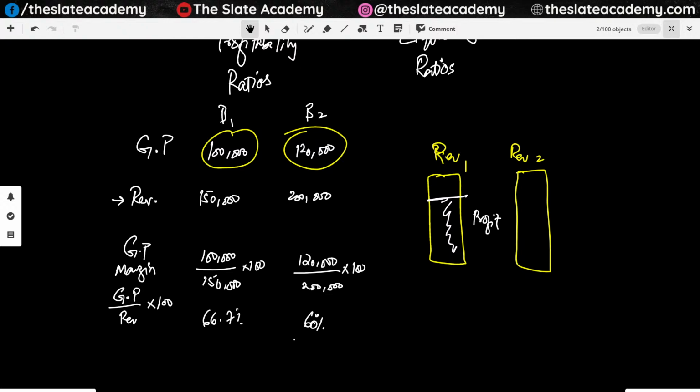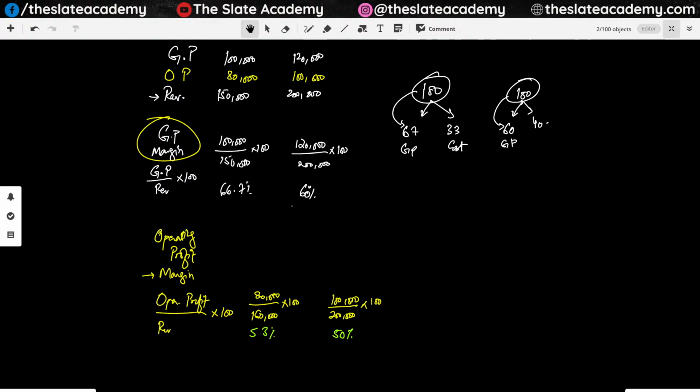Again, for these numbers there isn't a mandatory requirement of how much it should be. The benchmark that we have is, for example, last year. Everybody would like to do better than last year, but at times for certain businesses the margins really do not move much year to year. So for different industries, these margins are defined.